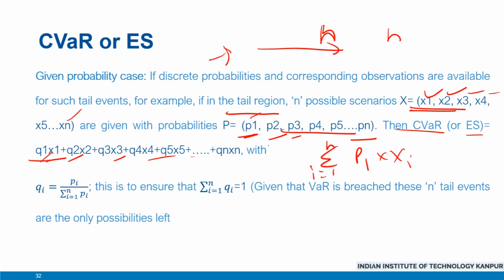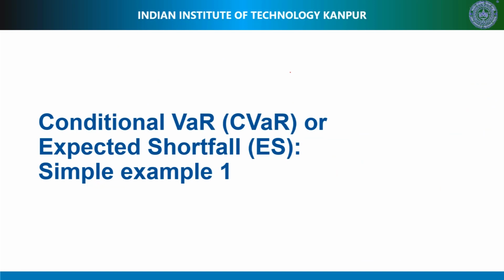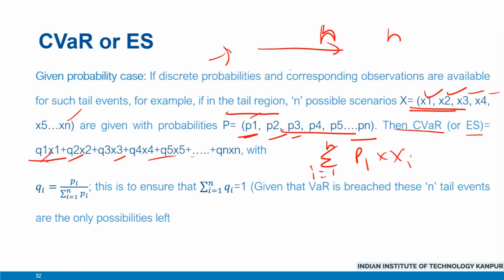Please note, once you have decided that your VaR level has been breached, then only these are the possible scenarios. So for example, in the actual universe of population, let's say this p1 was 5% in the original scenario. But now in the revised scenario, we are looking at conditional probabilities, conditional that these are the only possible events.